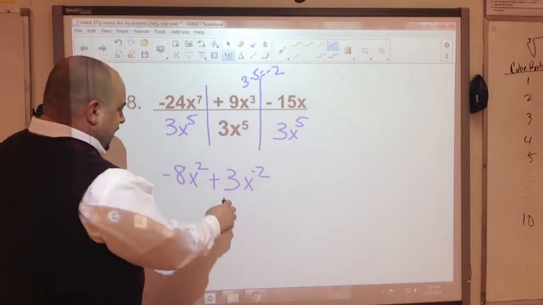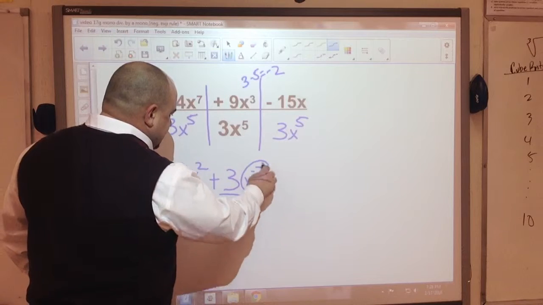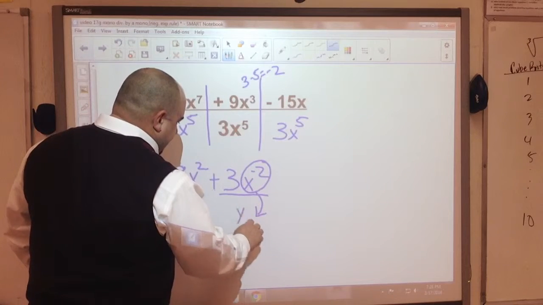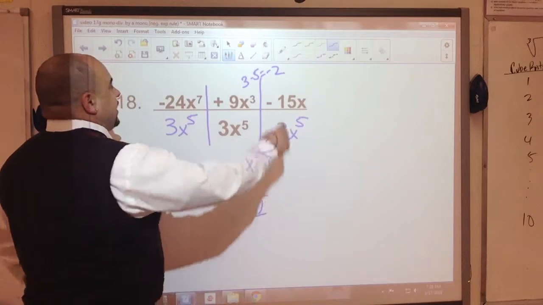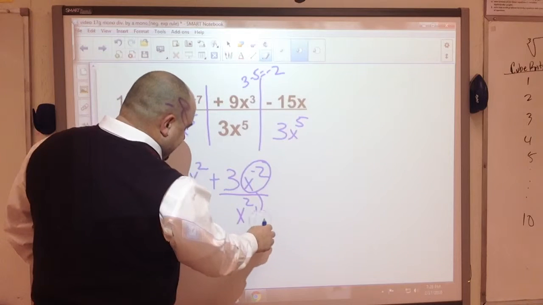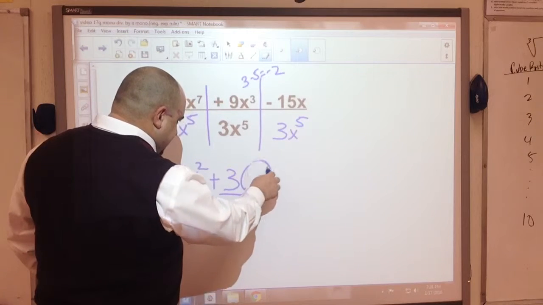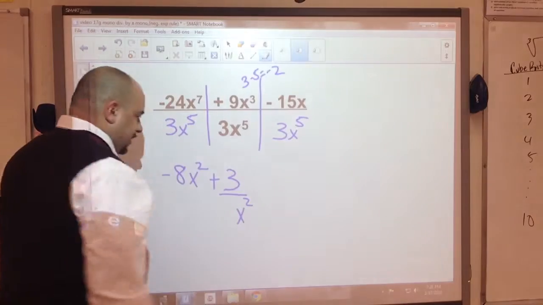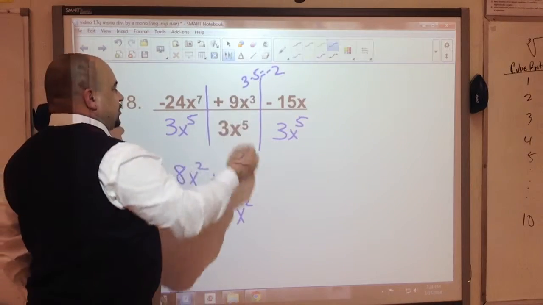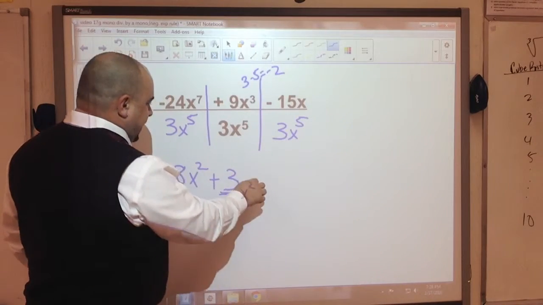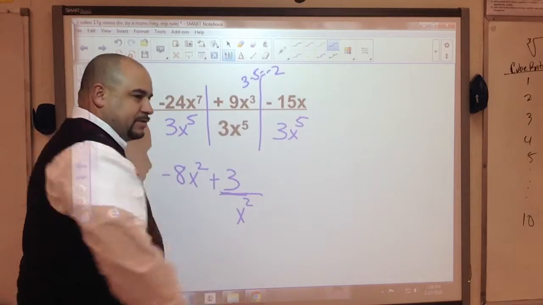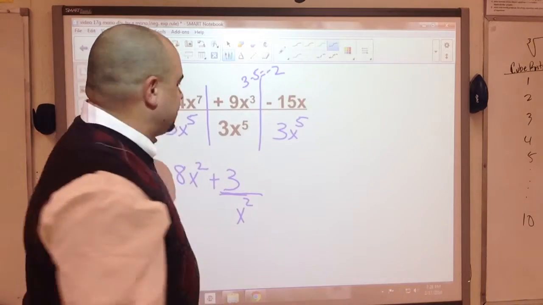Nope. So I am going to move this to the bottom and make it positive. And luckily I have this nice handy dandy eraser. So hopefully you saw it when I put it there. Again, it was x to the negative 2. I moved it to the bottom and made it positive 2.